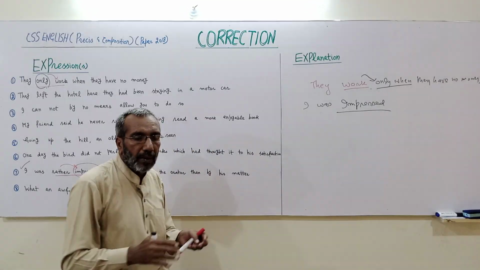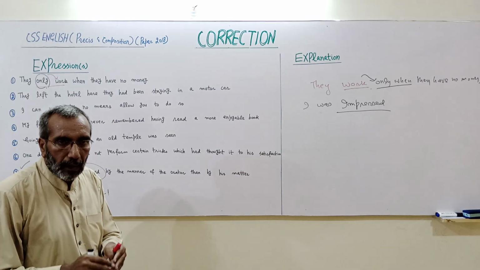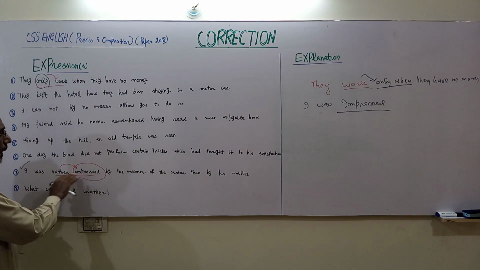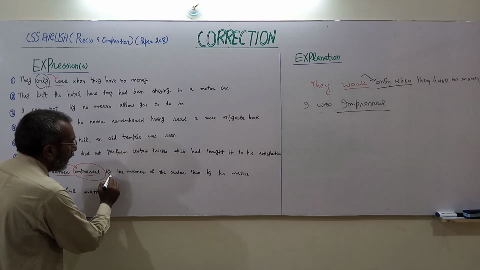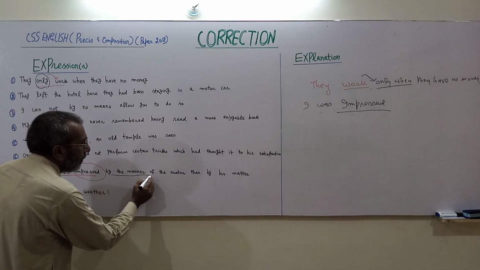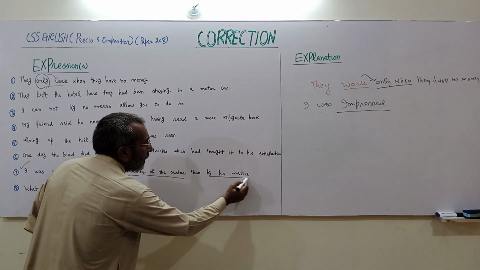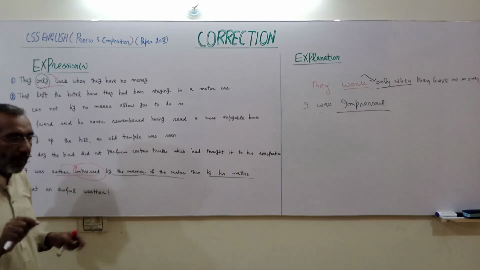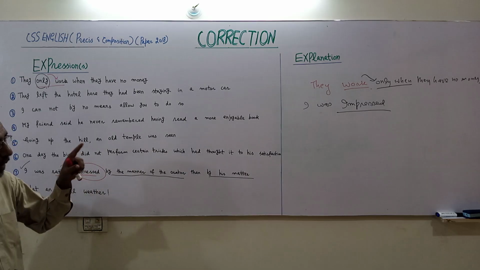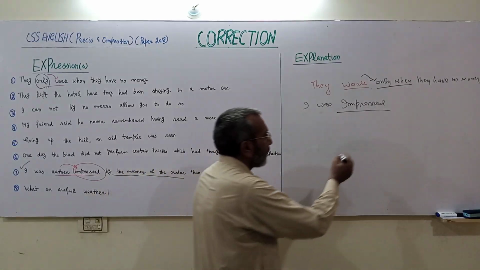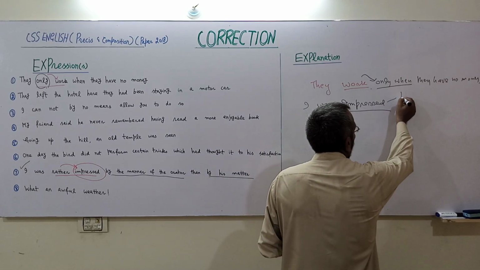You were impressed by what? I was impressed, and then there are two things: the manner of the orator and his stuff or matter. Two things are there. Okay? So I was impressed. How? In what sense? Then you change that. I was impressed by what?